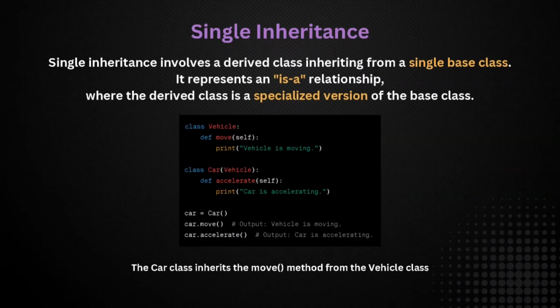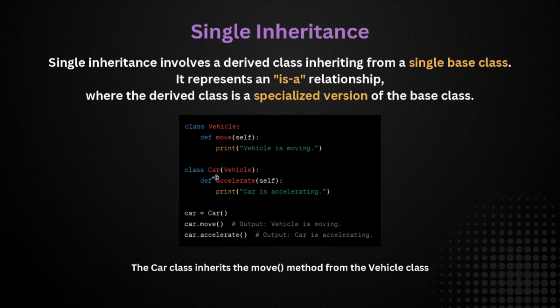It represents an is-a relationship where the derived class is a specialized version of the base class. As the term signifies, you only have one parent or base class from which you will be inheriting all its properties and methods. For example, here we have a parent class vehicle, and now we have a child class car.